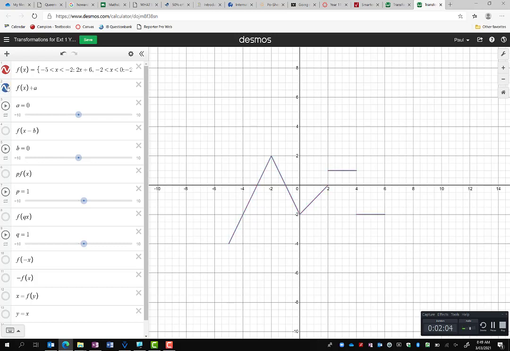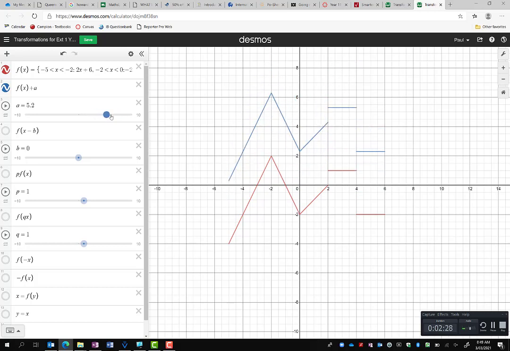And then in blue, we're going to have f(x) plus a. So what do you think is going to happen? What type of shift, Anna, is that a going to cause? Up or down? So if I make a positive, hopefully everything will move directly up. And it does. How far up does it move?